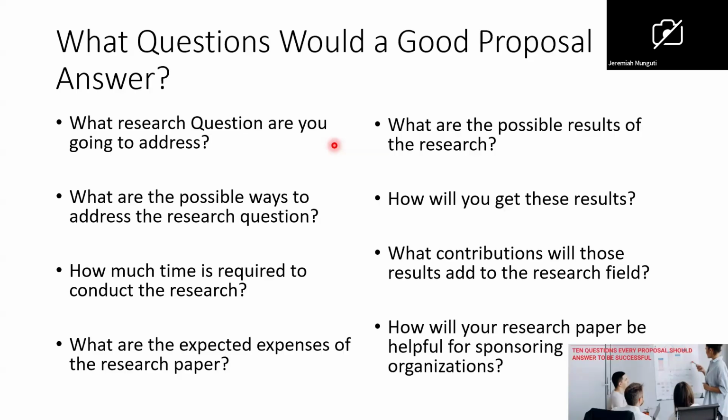By the time I'm reading your research proposal, and I want to remind us here, we are still not in the methodologies. We are still at the introduction, the literature review of the proposal. I should be able to know, by the way, what are the possible ways you are going to address the research question. So methods here are introduced. How are you going to determine, for example, malnutrition in this group of people?